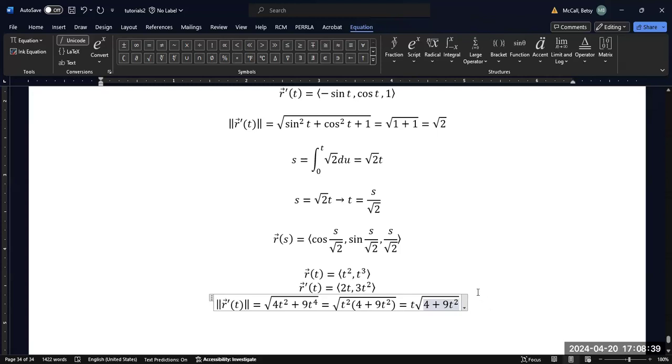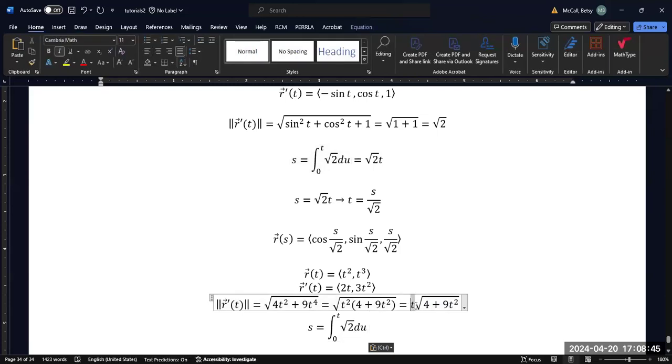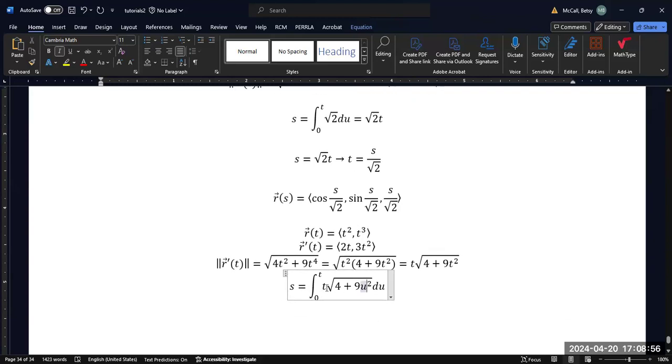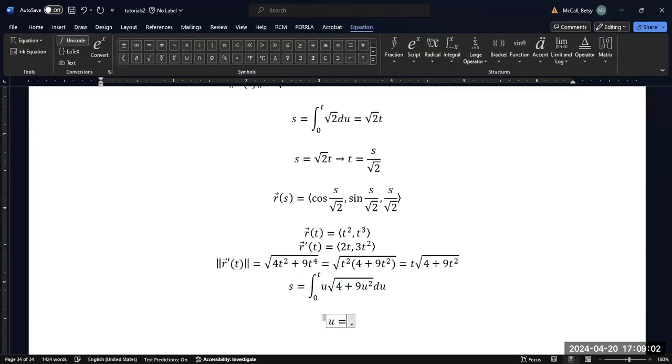And now I'm going to integrate. I'm going to borrow this. I'm going to integrate my arc length in my dummy variable. I can do this again with substitution. U is going to be 4 plus 9u squared. I guess I can't use u, we'll do w.